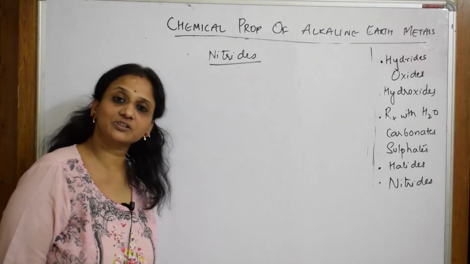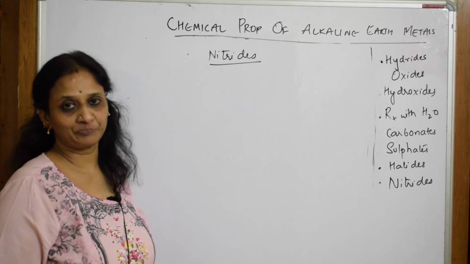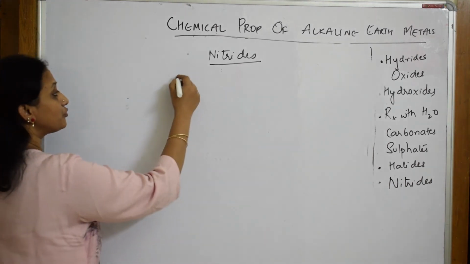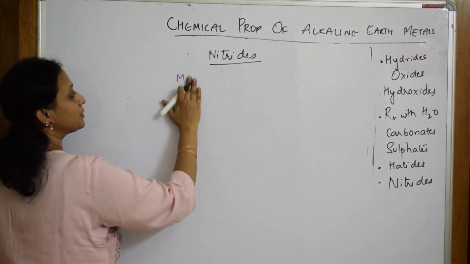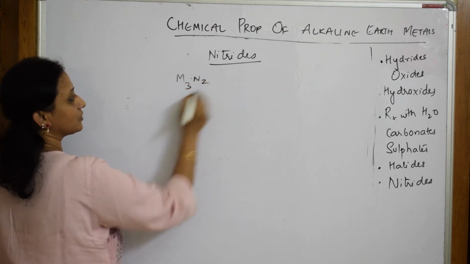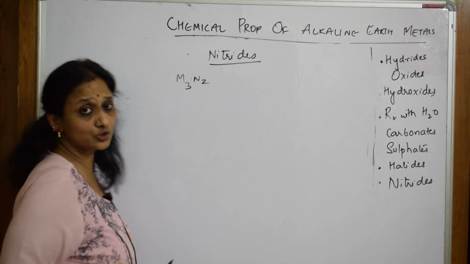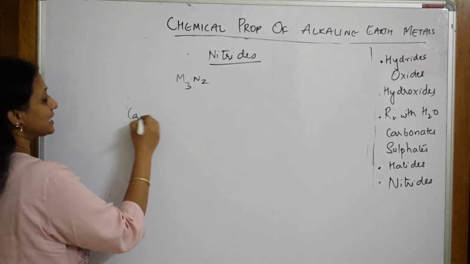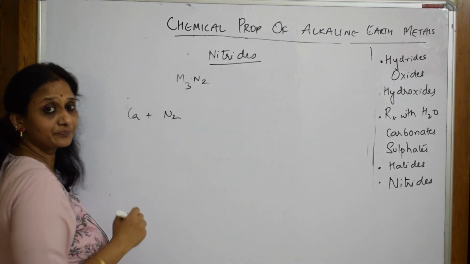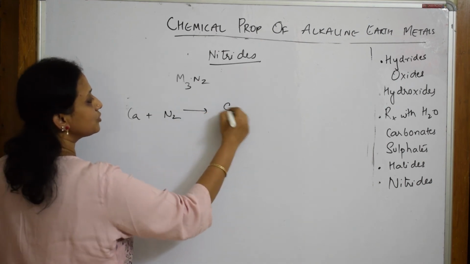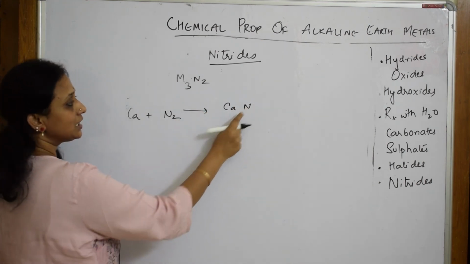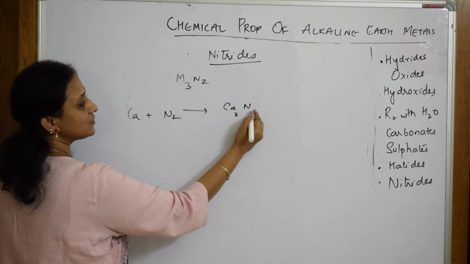Right, and we speak about the nitrides of group 2, that is alkaline earth metals. They're going to form nitrides of type M3N2. The valency of nitrogen is 3 and the metal is divalent in nature, so +2. When I speak about calcium and nitrogen, they combine to form Ca3N2, since nitrogen valency is 3 and calcium valency is 2.